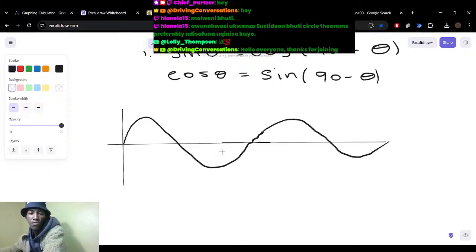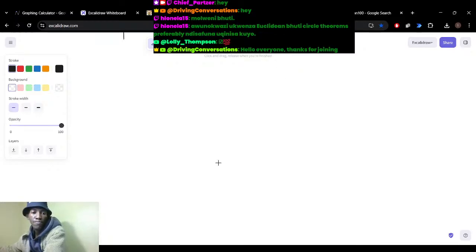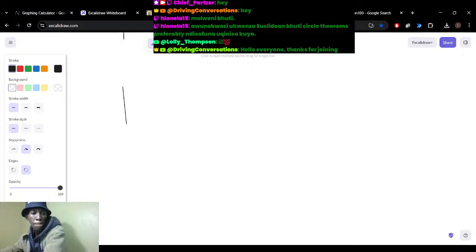Goes on and on and on. So this is sine theta. So this is theta. So let's draw a graph of cos. It is sort of hard to draw for some reason.